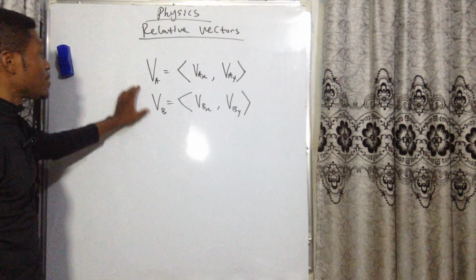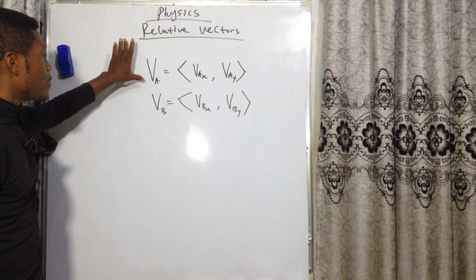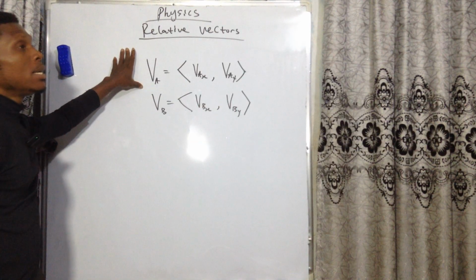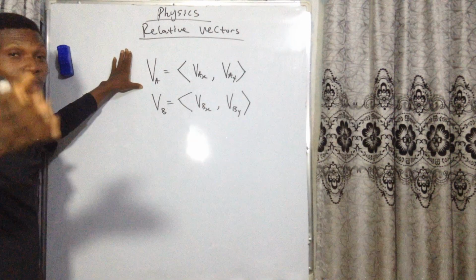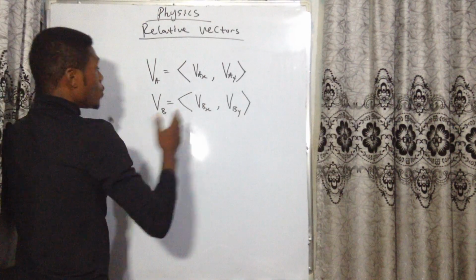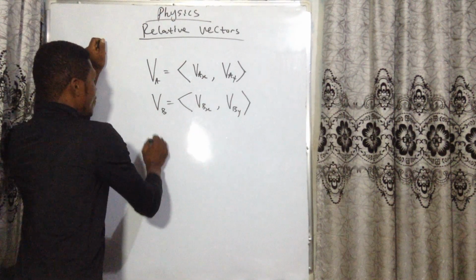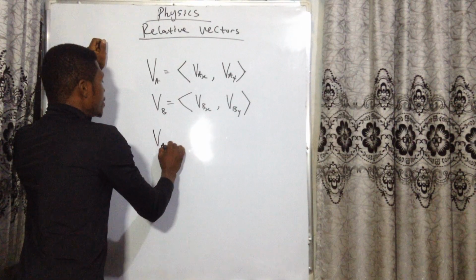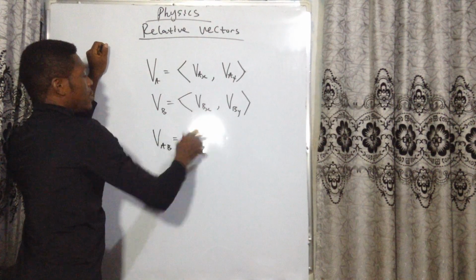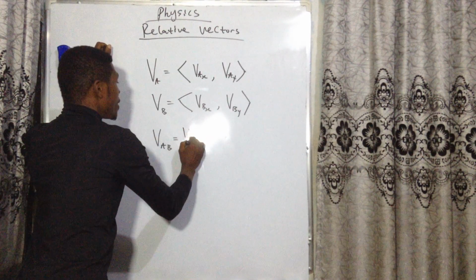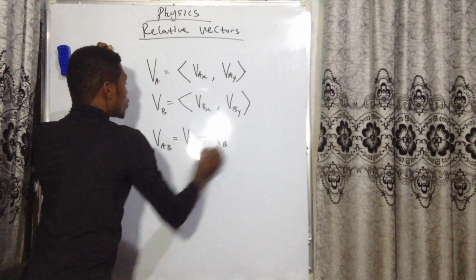So if they ask you for the relative vector of A with respect to B, see what you do. That is VAB equals VA minus VB.